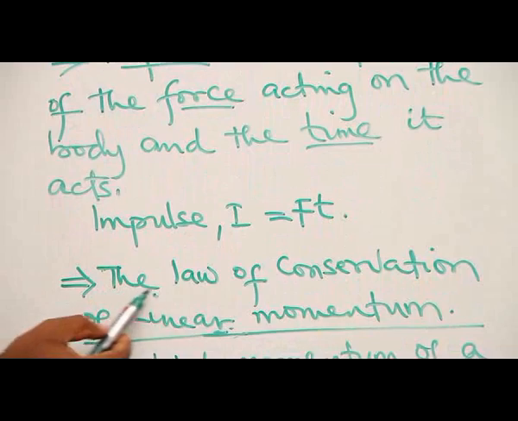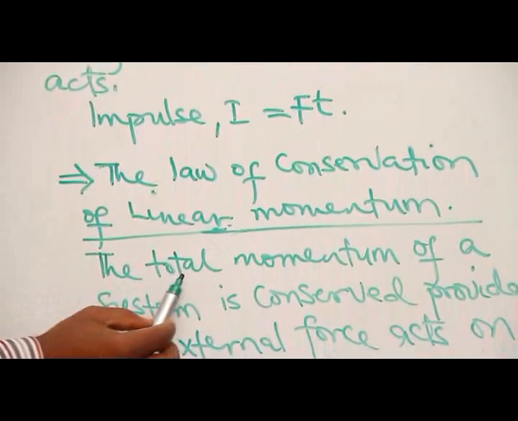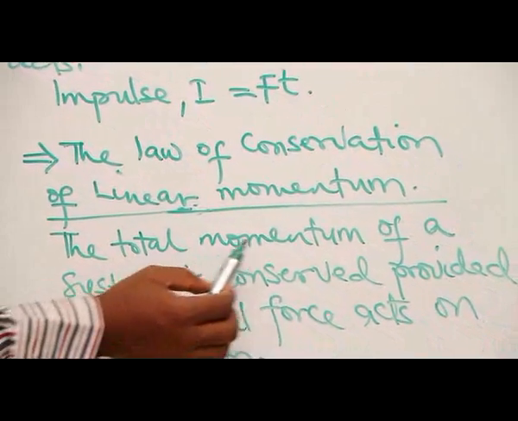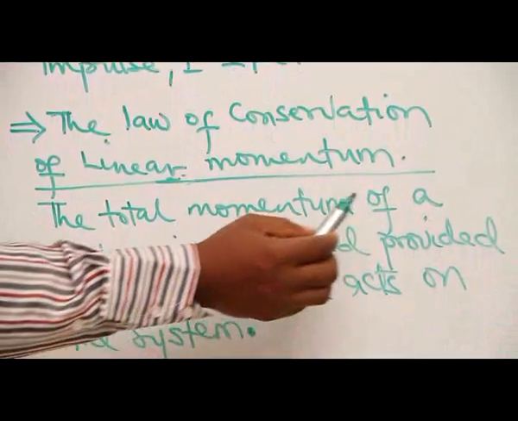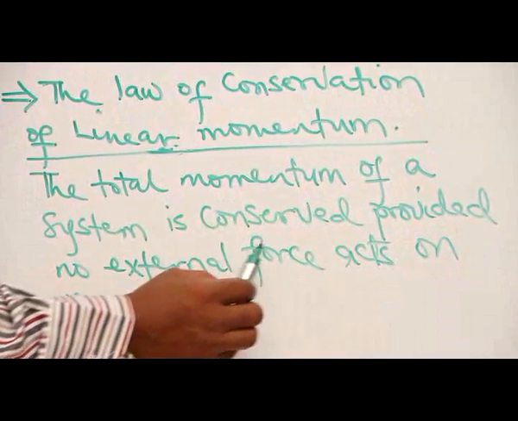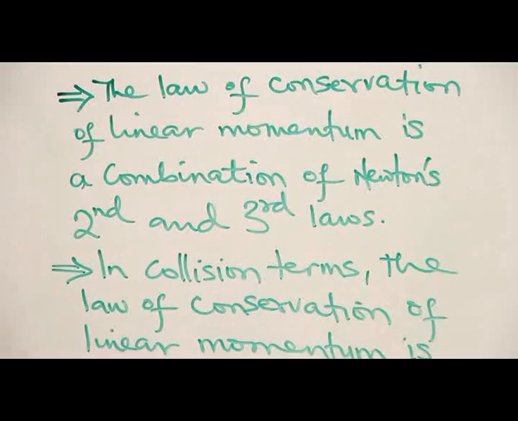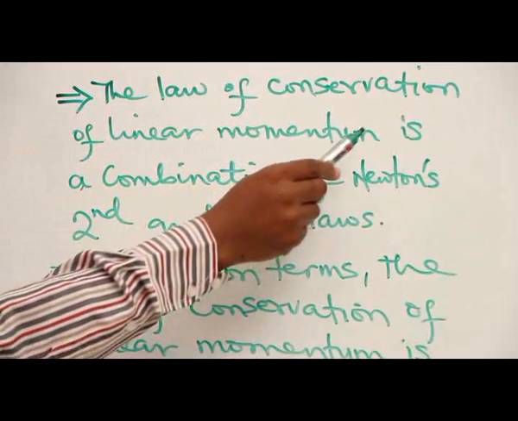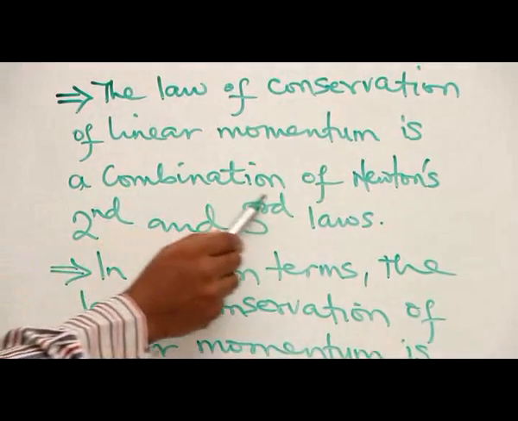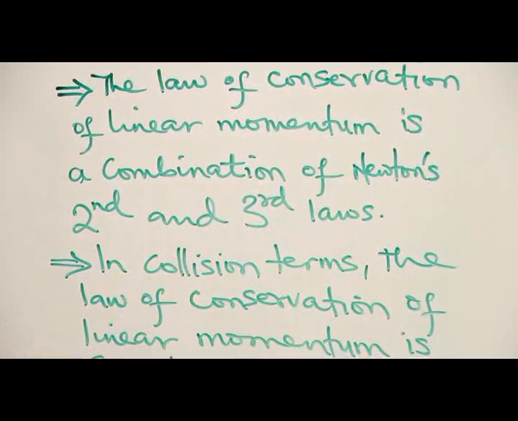Next is the law of conservation of linear momentum. The law states that the total momentum of a system is conserved provided no external force acts on that system. The law of conservation of linear momentum is a combination of Newton's second and third laws.